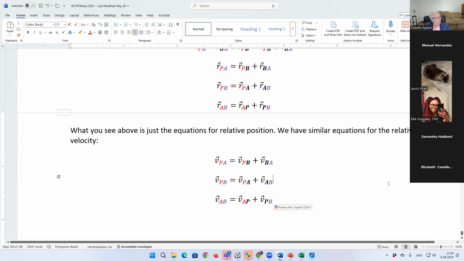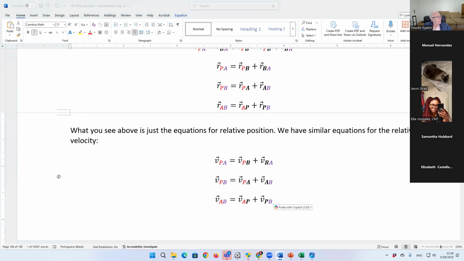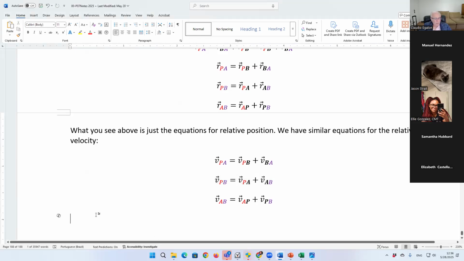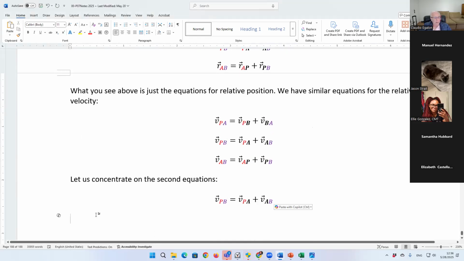Let's stick with this middle one here. And by the way, this treatment is not in the book. I like this treatment better because it helps you memorize the equations more easily.